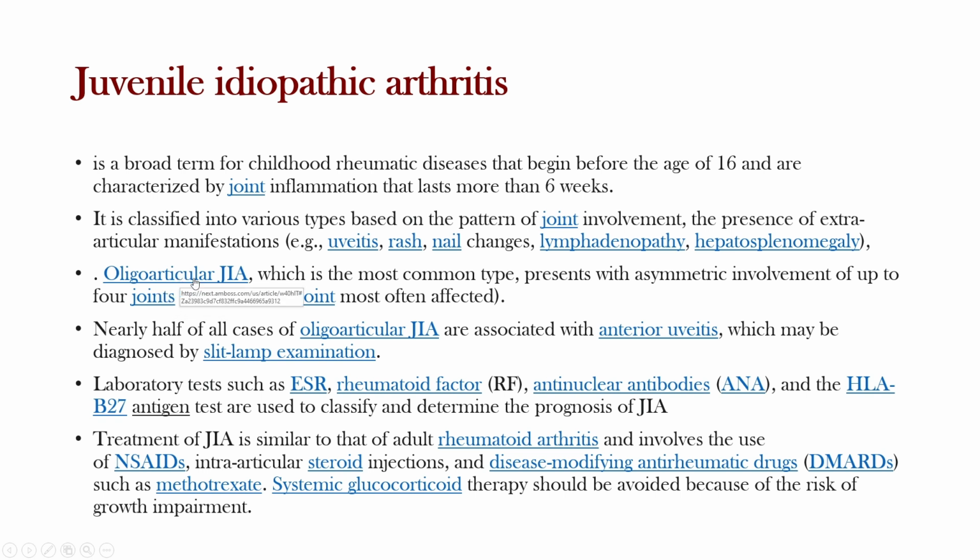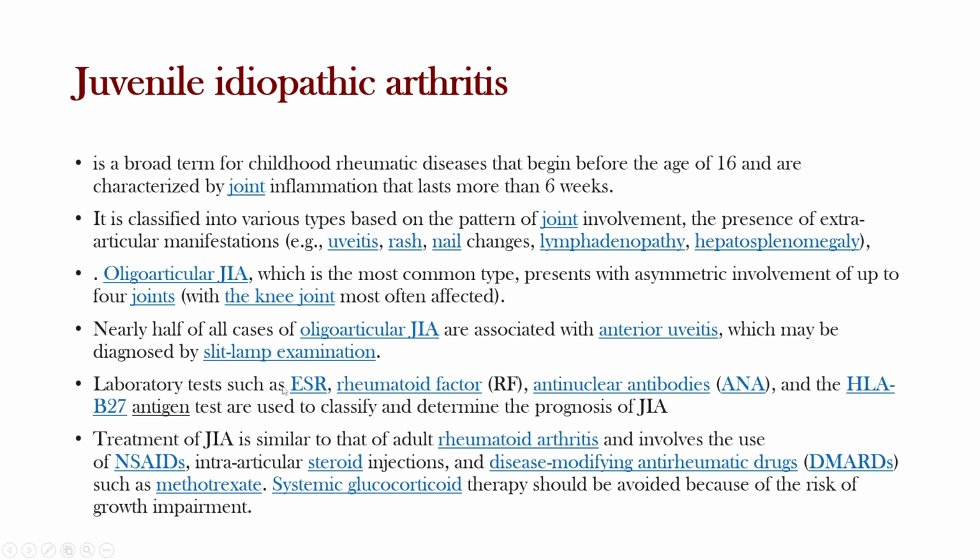Oligoarticular juvenile idiopathic arthritis is the most common type, presenting with asymmetric involvement of up to 4 joints, with the knee joint most often affected. Nearly half of the cases of oligoarticular JIA are associated with anterior uveitis, which may be diagnosed by slit lamp examination.